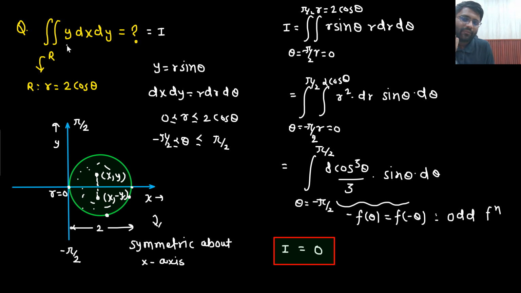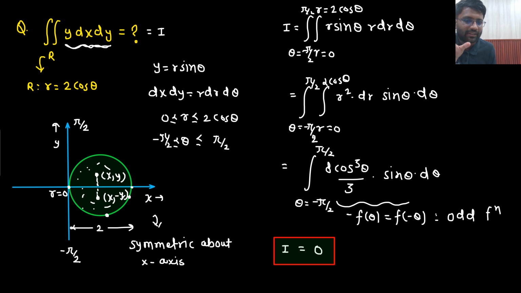So when you are calculating y dx dy, whatever the positive area you will be getting here, in place of y you put minus y, the same negative area also you will get, no? So positive and negative will cancel out each other, answer will become 0. I am not talking about area, I should not say area. Whatever this is representing, this might be representing volume, this might be representing something else.